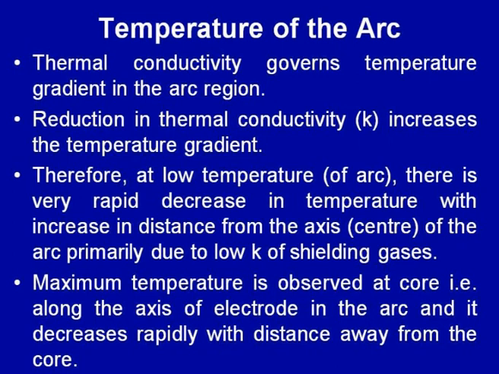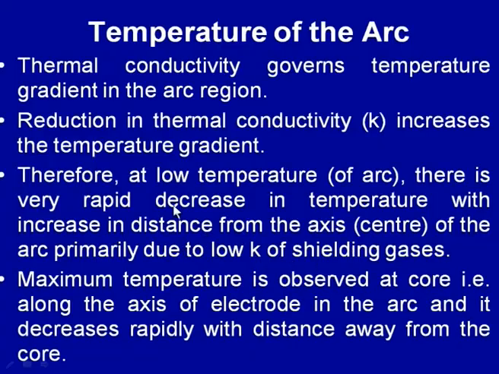Therefore, at low temperatures there is a very rapid decrease in temperature with increasing distance from the axis. So, this suggests that if we are working with a low temperature due to low current, this will lead to higher temperature gradients because of the poor thermal conductivity of the shielding gases.